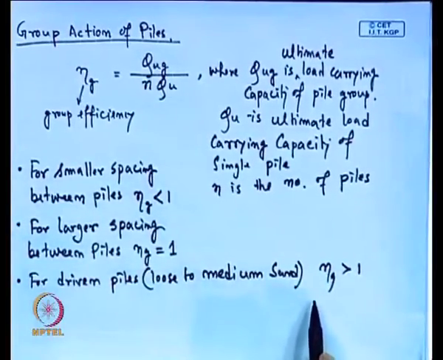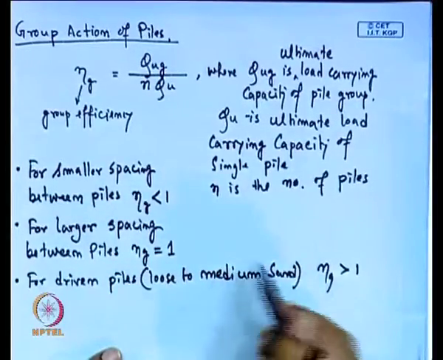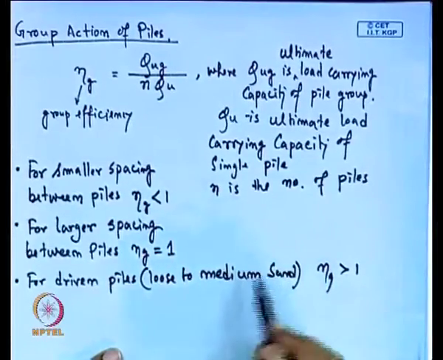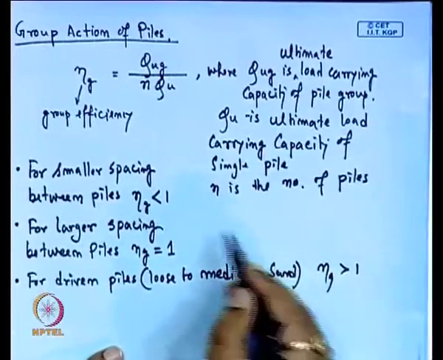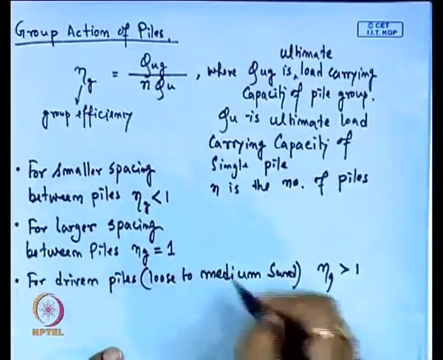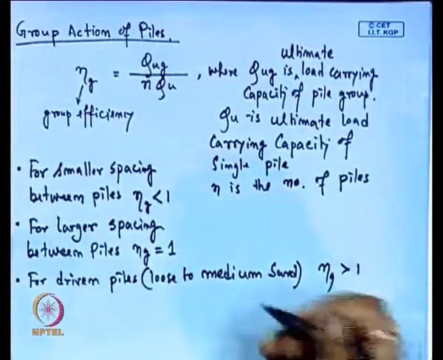This is because when a pile is driven into loose to medium sand, the sand becomes dense. Because of the installation of the pile, the soil surrounding the pile gets dense, and that is why the efficiency will increase.